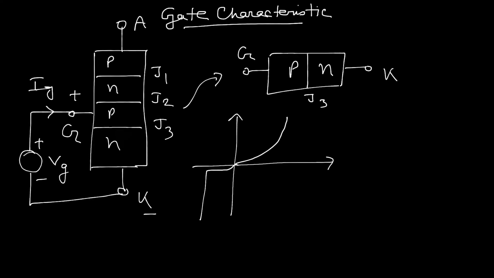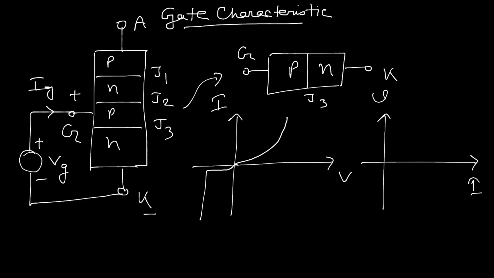In this characteristics plot, we consider this one is V and this one is I. So we can change the axes, here I and here V. Then we can draw the characteristics in terms of current axis I and voltage V.